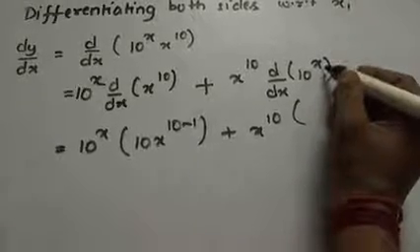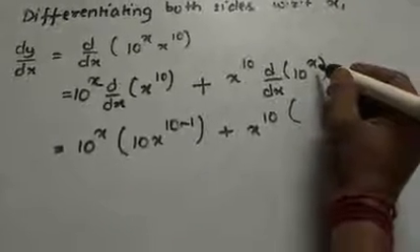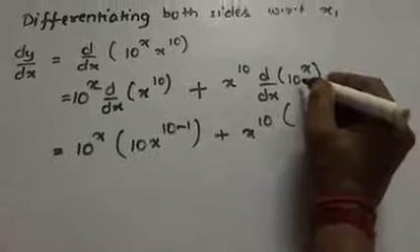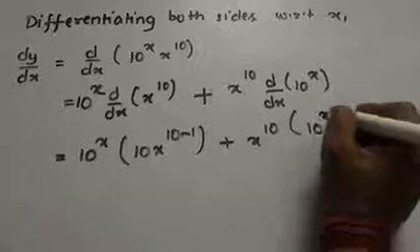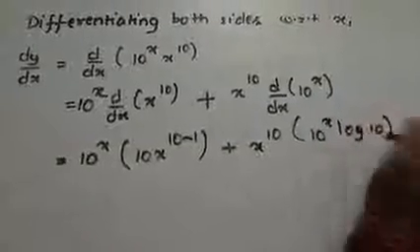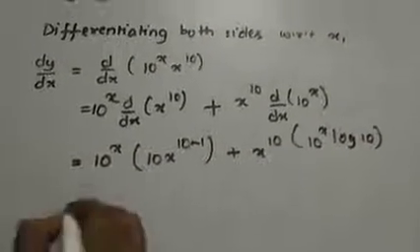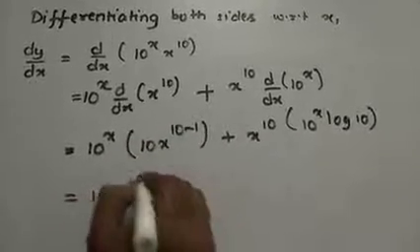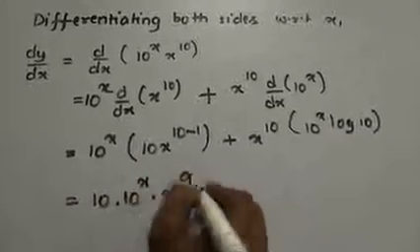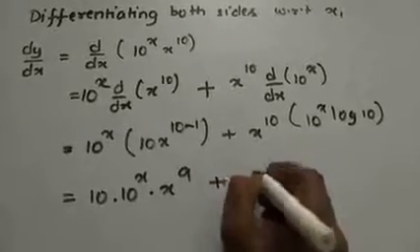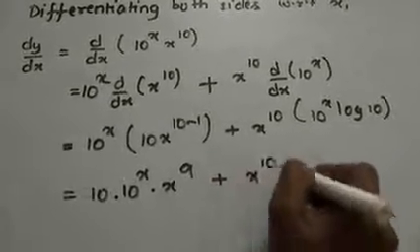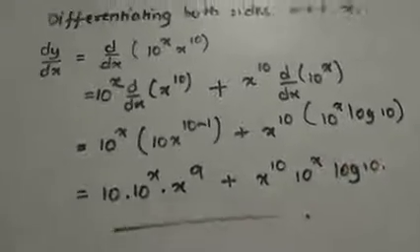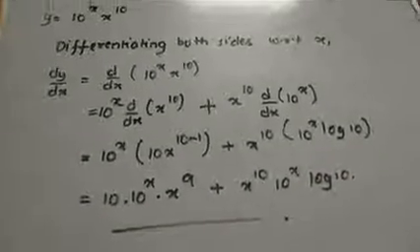That is formula number 4, a to the power x, where a is 10. So now let us simplify. 10 into 10 to the power x into x to the power 9 plus x to the power 10, 10 to the power x log of 10. Clear?